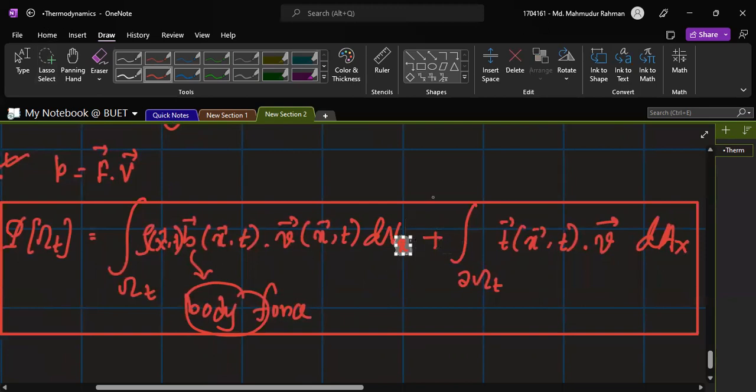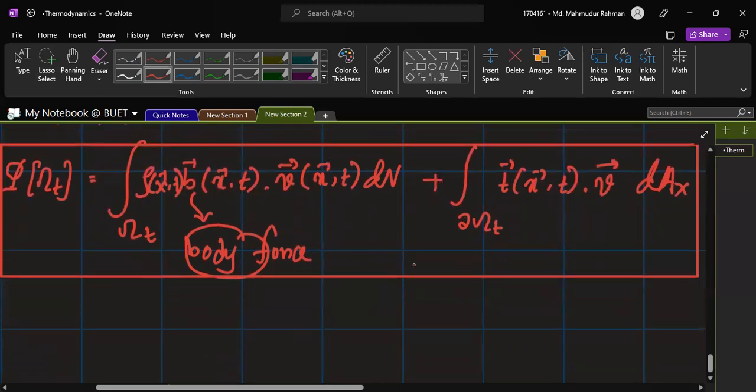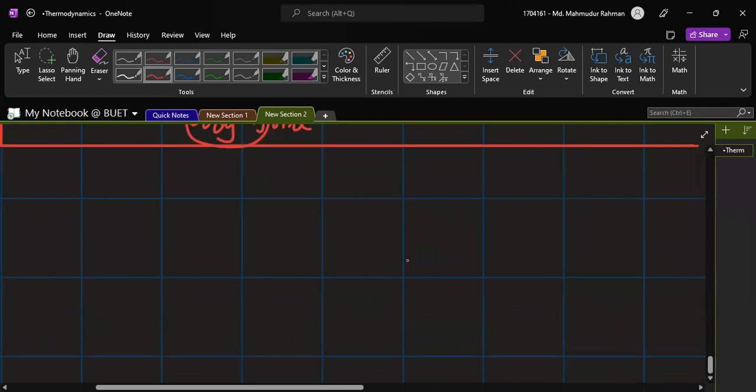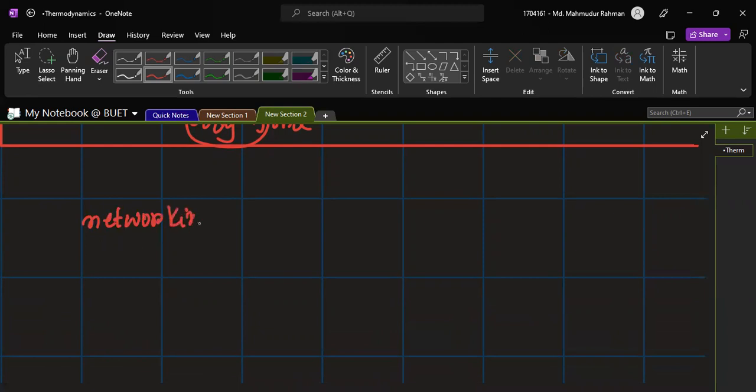So what you can see is that power is a result of two agents. One is the body force, and another one is the traction field. So what is net working? The concept of net working is the work that you do. Net working is denoted by omega t. Of the work that you do, some part of it gets absorbed by the continuous body that doesn't set it in motion, and another part sets it in motion.